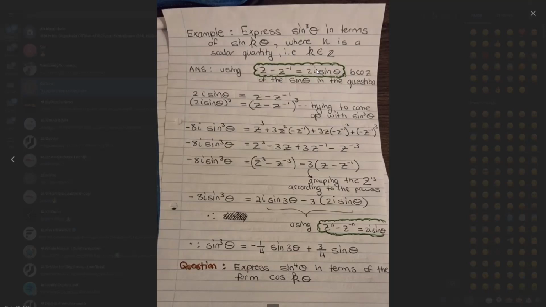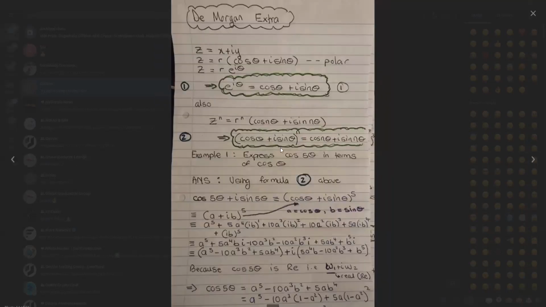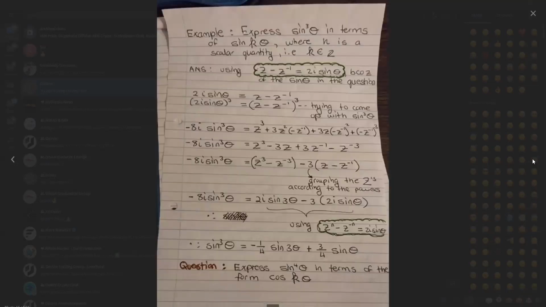So the only way we can do that is to come up with sine cube first, just like we did here. We had to come up with the cos 5 theta, and we know that cos 5 theta normally comes with sine. So if we can write it like this, then we'll be able to come up with the cos 5 theta. So here it's the same idea. We want to come up with this sine 3 theta so that we can express it in this format.